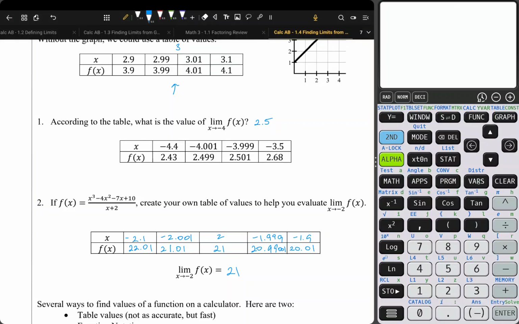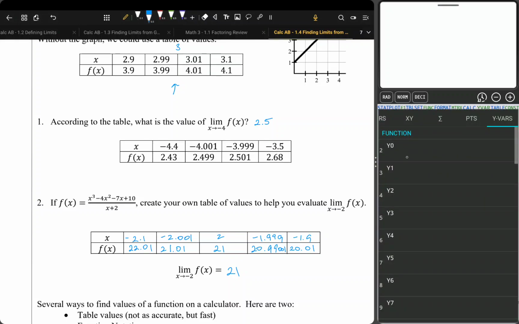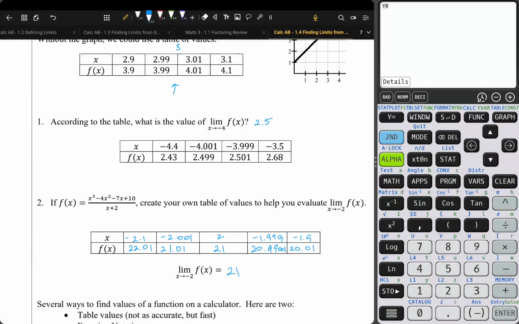So if I hit vars, and I believe you have y vars somewhere, so scroll to the right, make sure you get to y vars. And if you put the equation in y1, push y1, I'm going to push y0 because that's where my equation is. Use a parentheses, and if I type in -2.001, it gives me the y value associated with it.